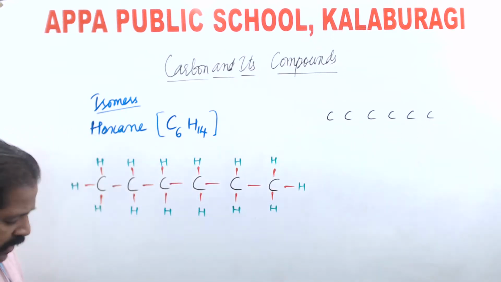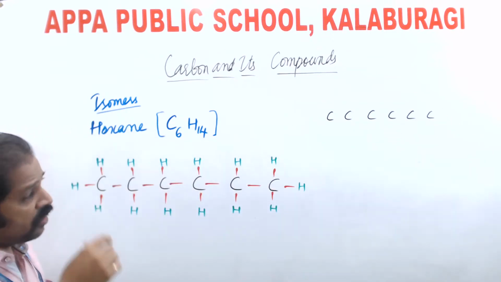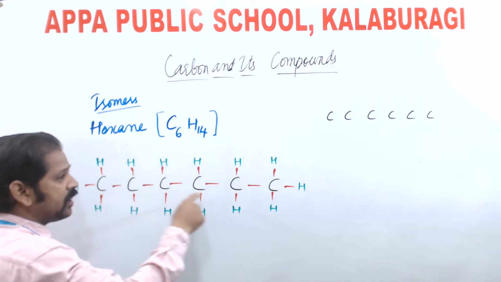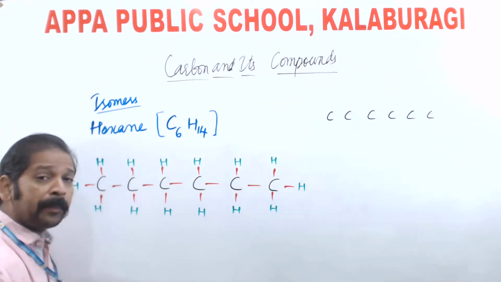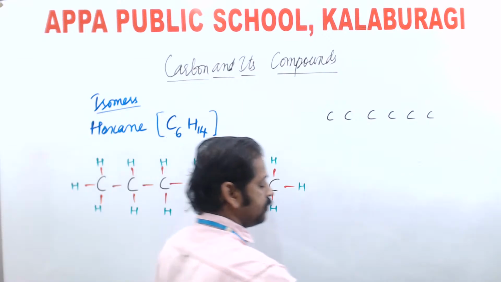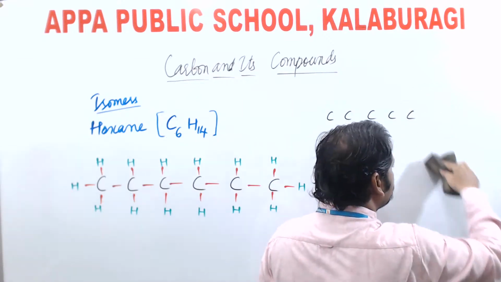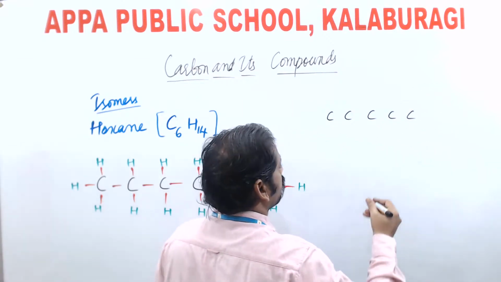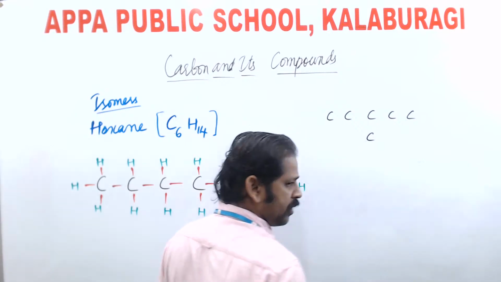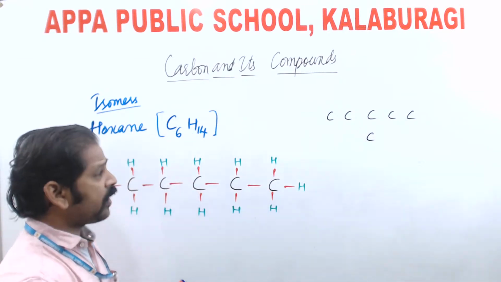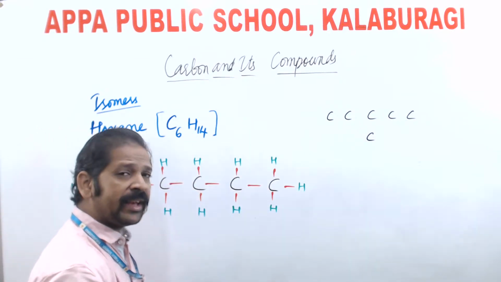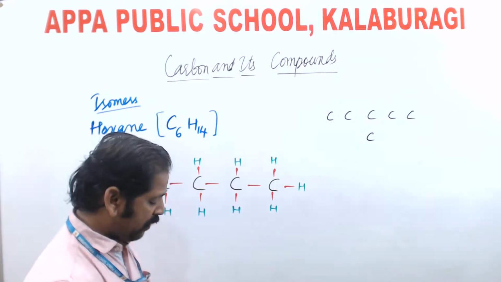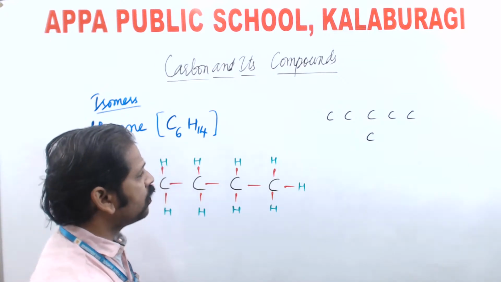Hydrogens are 14. Now there is already a straight chain. Now I will branch at the center carbon. Yes, five carbons are in a straight chain, and one is branched.